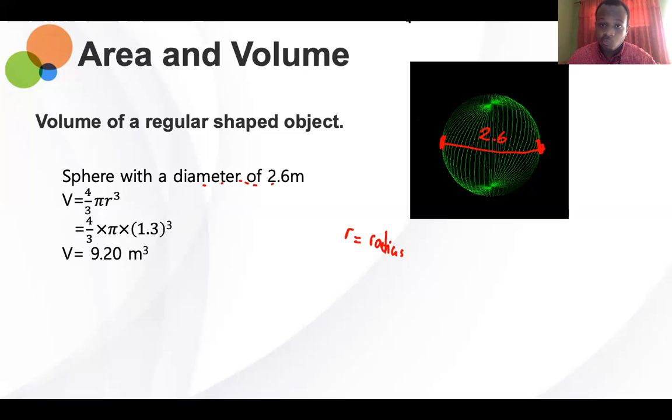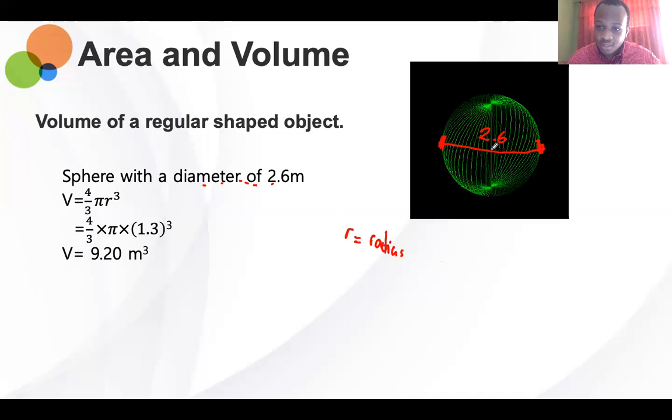How do we go about calculating r? Yeah, it's our radius, but what is the value? How do we calculate the value for r? What is our r on this diagram here? If this is our diameter, where's our r?